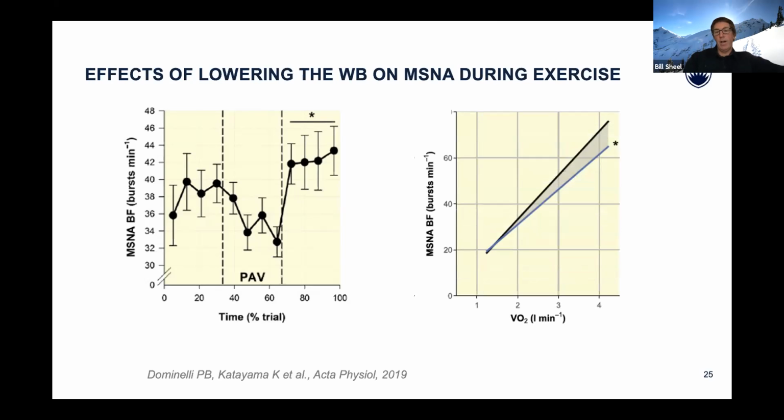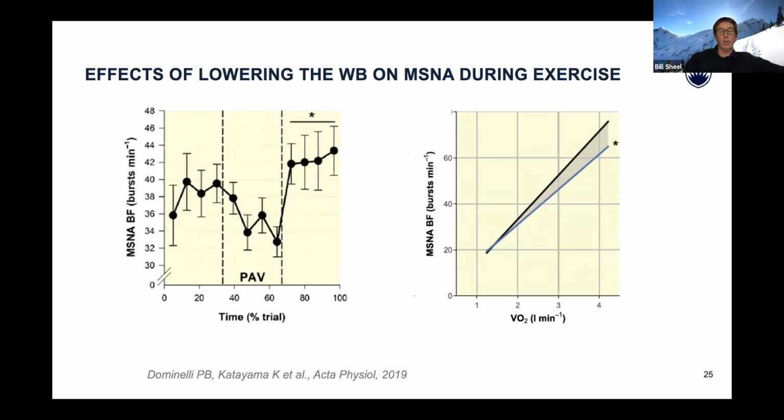And if we average that across all of the intensities, what's shown here is O2 consumption in absolute terms, pardon me, as a function of muscle sympathetic nerve activity. The black line is the control condition, so there's this rise across intensity. And then the blue line is the trials that we used with the ventilator, and we were able to reduce that.